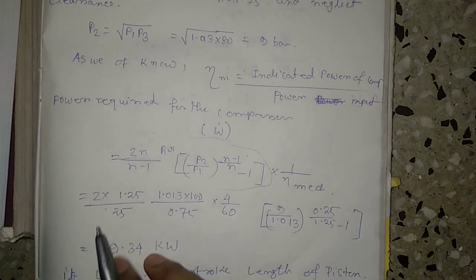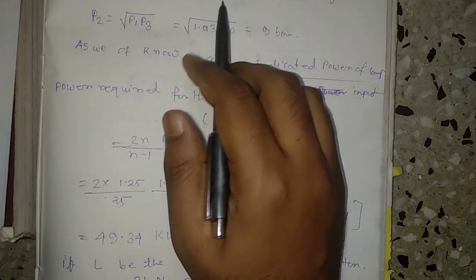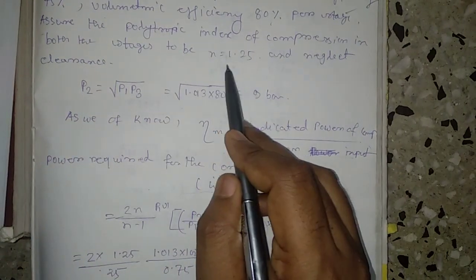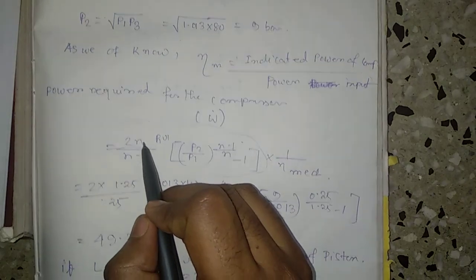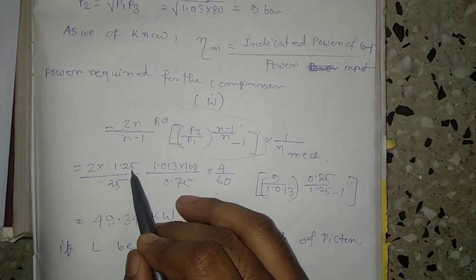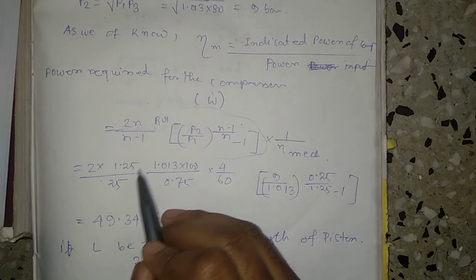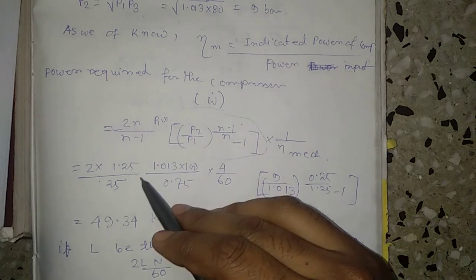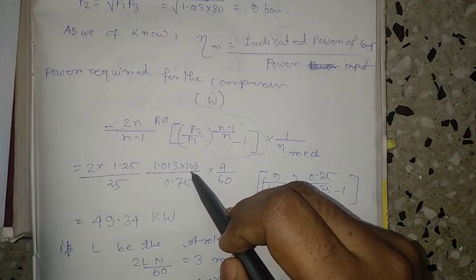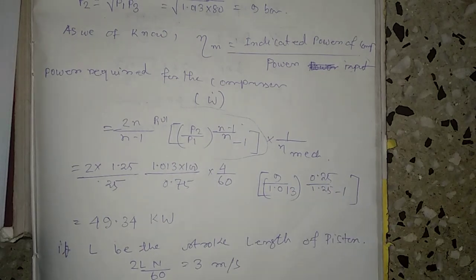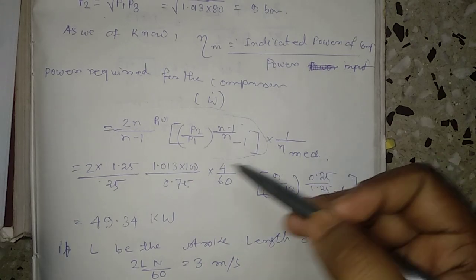Now, 2 times n, because the compression process follows PV to the power 1.25 equal to constant. So the value of n is 1.25, and n minus 1 is 0.25. Multiplied by the initial pressure, 1.013 bar times 100, converted into kilopascal, and divided by 0.75.